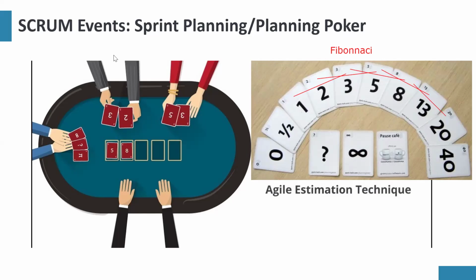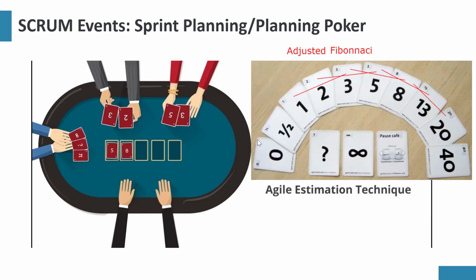This is called an adjusted Fibonacci sequence, which means they didn't follow through, because it should be 8 plus 13, 21, 13 plus 21, 34, of course.